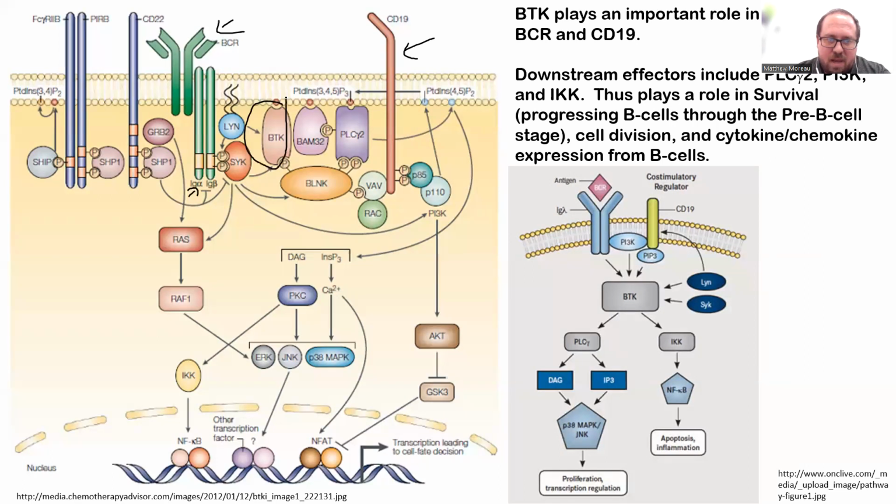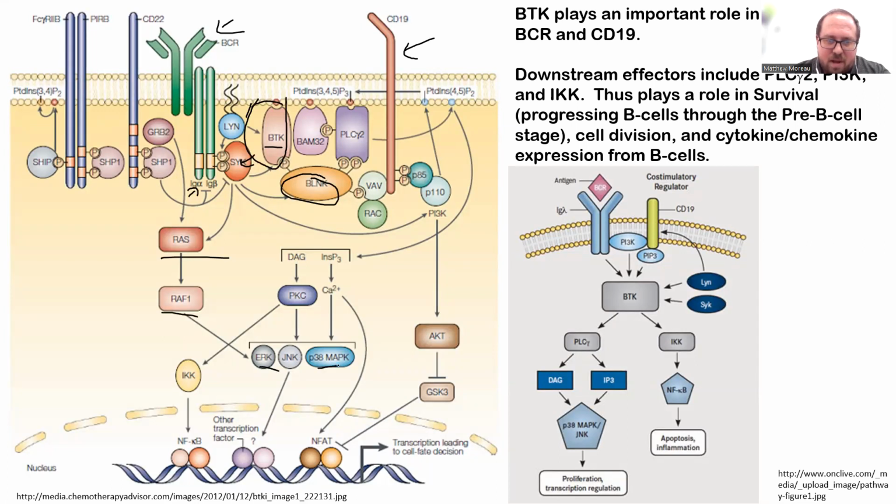So BTK is activated through B cell receptor and CD19 co-stimulation that activates the Lyn-Syk pathway. And Lyn-Syk phosphorylation activates BTK. BTK will eventually phosphorylate BLNK, and BLNK then activates a great number of other genes, including regulation of RAS, RAF, ERK.